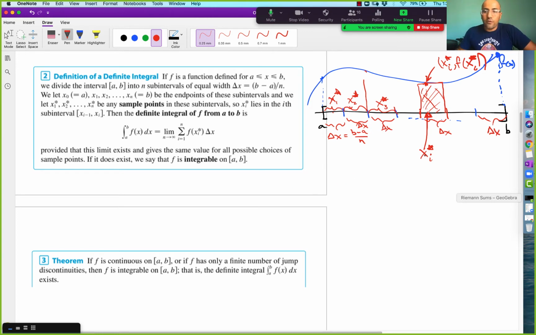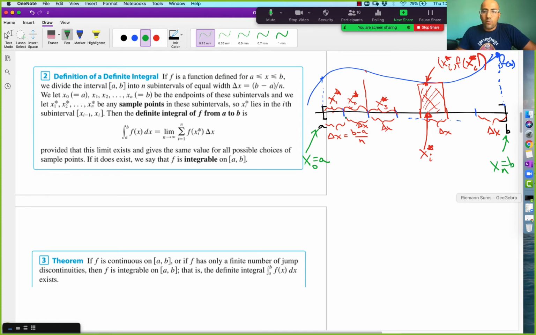Okay, so don't confuse them with the stars. X sub naught refers to the fact that it's this guy. X sub naught is equal to a. Good. And then x sub n is this last guy over here. X sub n is equal to b.